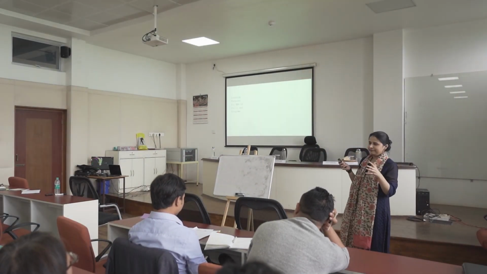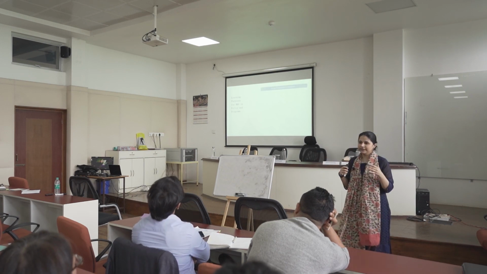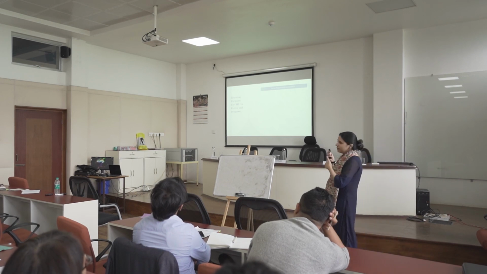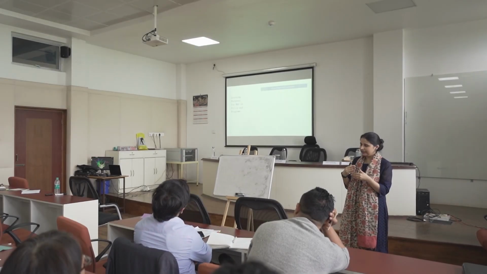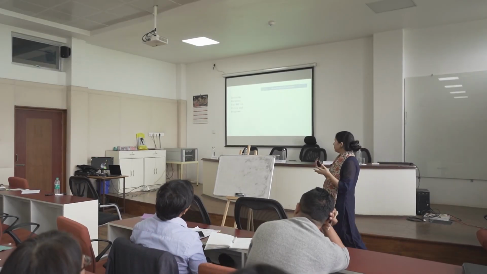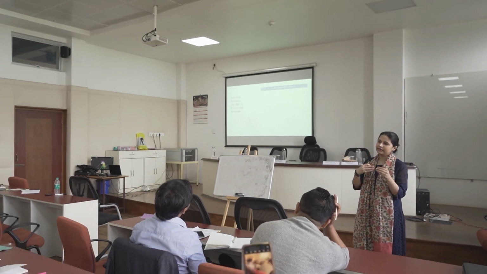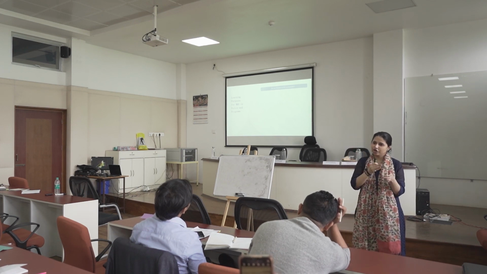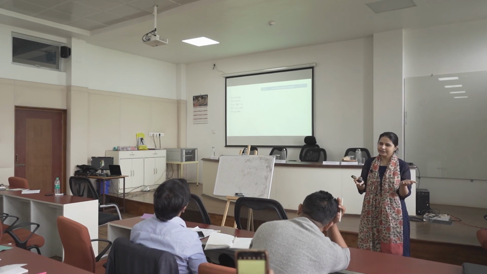When we focus on monitoring and evaluation, there are certain aspects that can help in policy making or government programs. We start with the first, being accountable. My monitoring and evaluation exercises can help me understand, specifically financially, whether I was able to achieve my activities within the set budget, or if I overshot the budget, or if I was not able to do certain things because I did not have the budget.